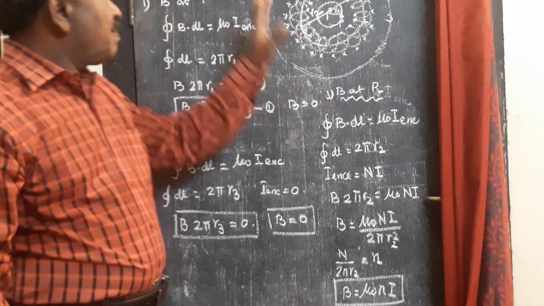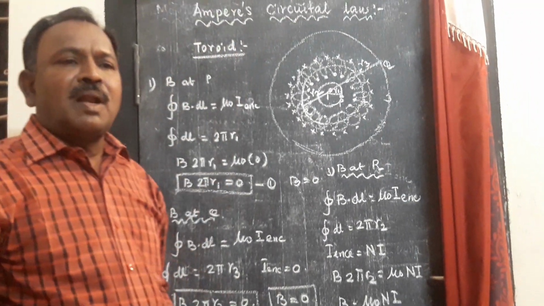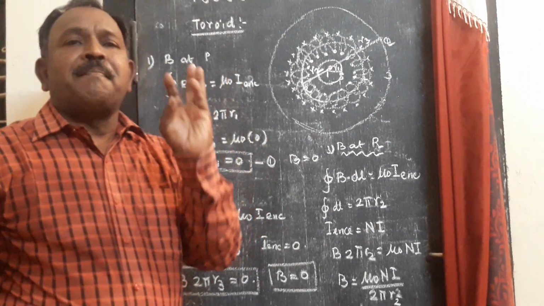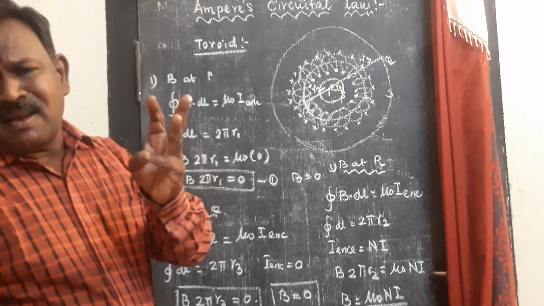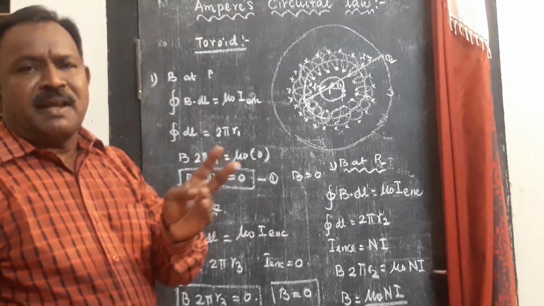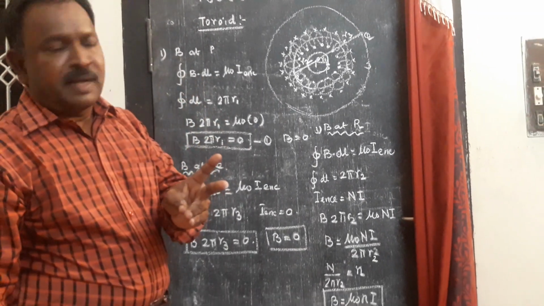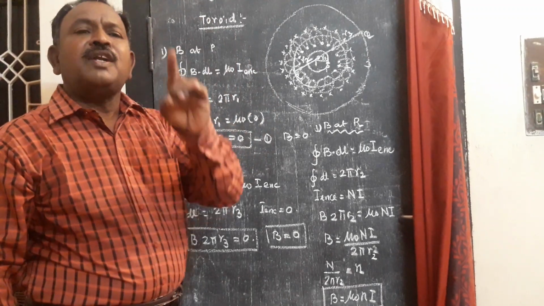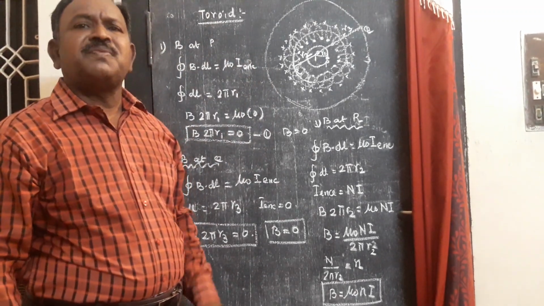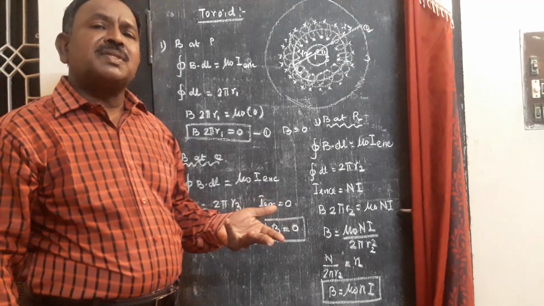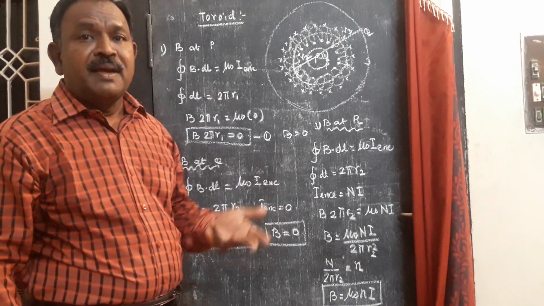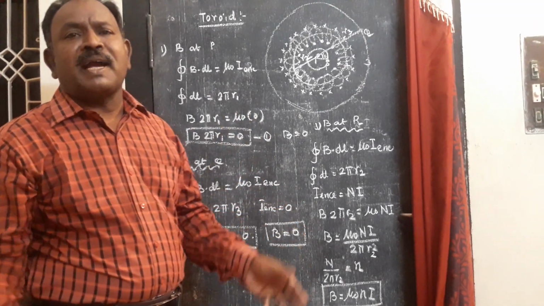This is how we can apply Ampere's circuital law to find the magnetic field due to a current carrying conductor, the magnetic field due to a solenoid, and the magnetic field due to a toroid. Next we are going to see what is the force experienced by a charge moving in a magnetic field.